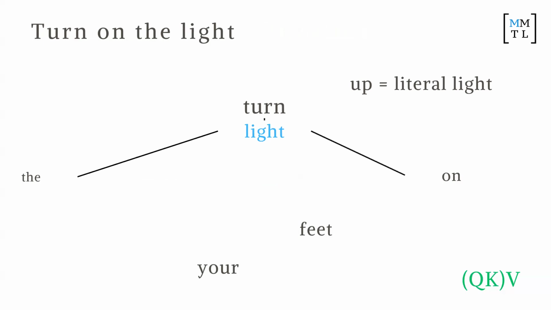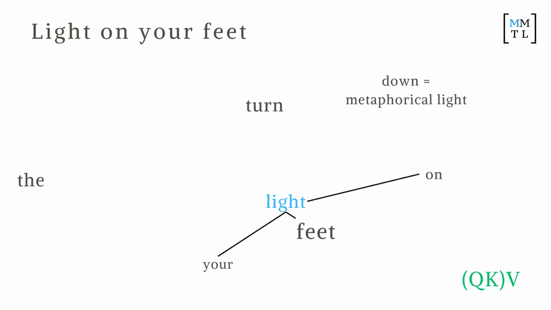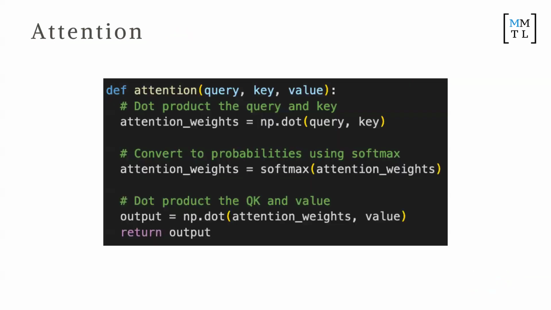Does that make sense? So up, in this case, means a literal light. Now, if we had another sentence, "light on your feet", it again detects the most important words, weighs them, and then it gets pulled towards that. The context gets updated, and in this case, down means a metaphorical light. That's what happens in multi-dimensional space when you're talking about attention.